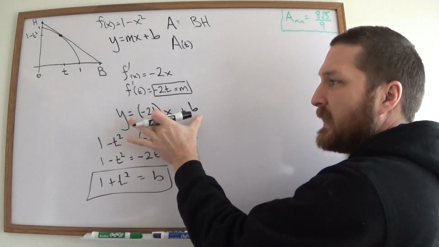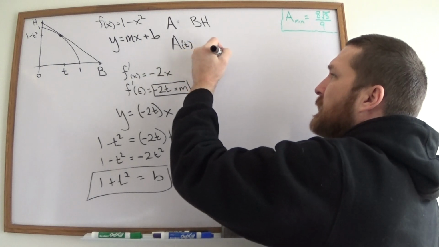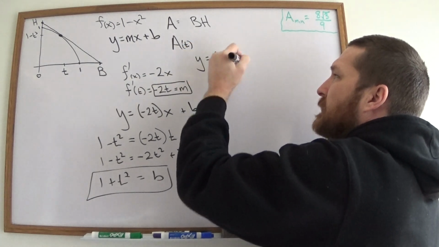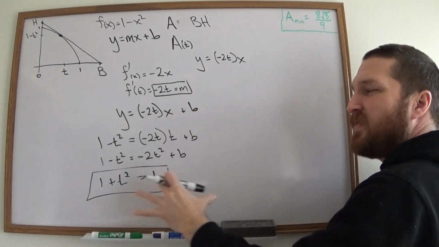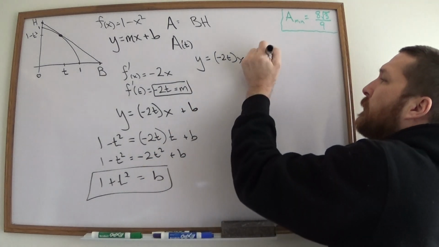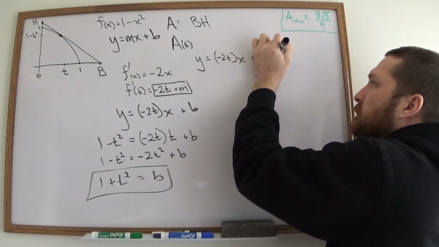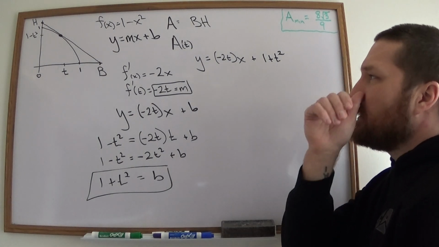Let's plug this back into here. Now we have our equation of the line: negative 2tx plus b is 1 plus t squared. See how nice that is to have a different variable? Now we're not going to end up with that weird stuff that happens. Okay, now let's see what happens.